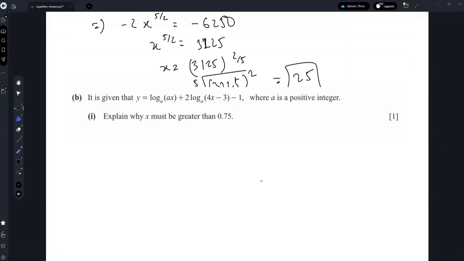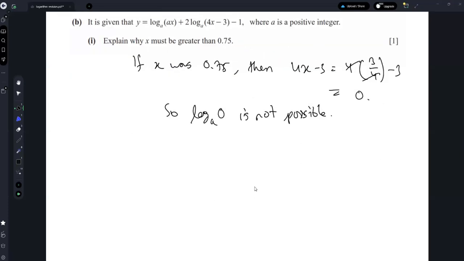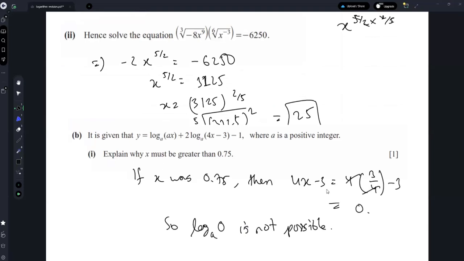If x was 0.75, then 4x minus 3 will have to be 4 times 3 by 4 minus 3 equals 0. So log base a of 0 is not possible.